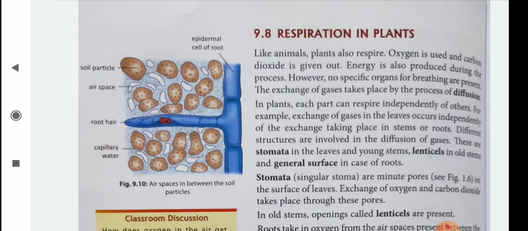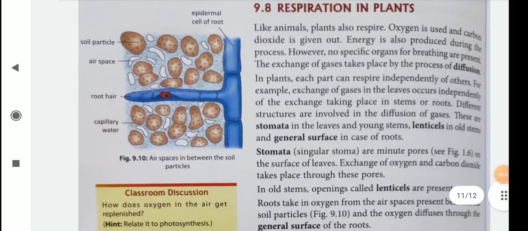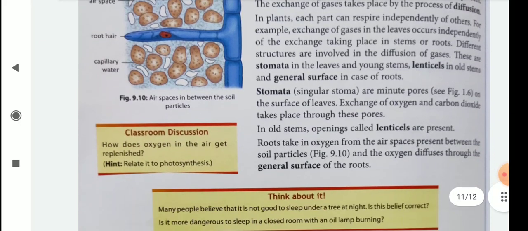Stomata. Children, you remember the singular of stomata is stoma. They are minute pores on the surface of leaves, means very tiny pores. Exchange of gases, means oxygen and carbon dioxide, takes place through the pores. In all stems, openings called lenticels are present.